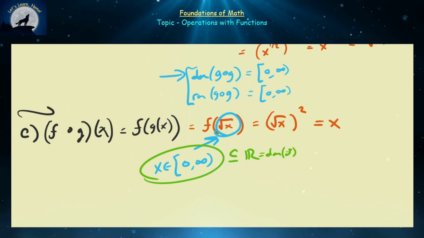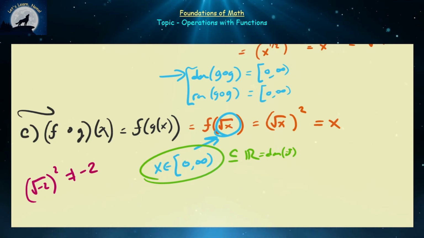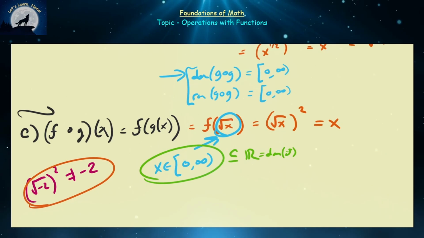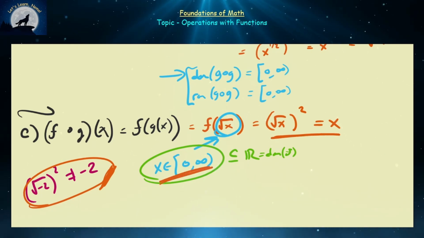Therefore, the square root of -2, squared, cannot be -2. So the square root of -2, squared, cannot be equal to -2 under this composition. Very, very important, right? Because I see a lot of people messing that up. So as long as x is between 0 and infinity, this identity holds.